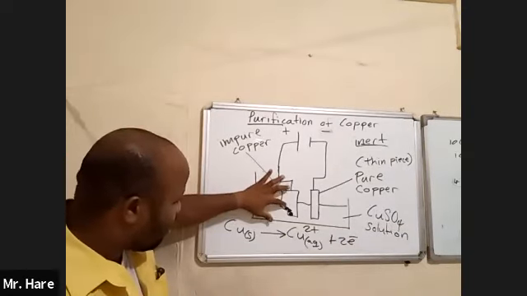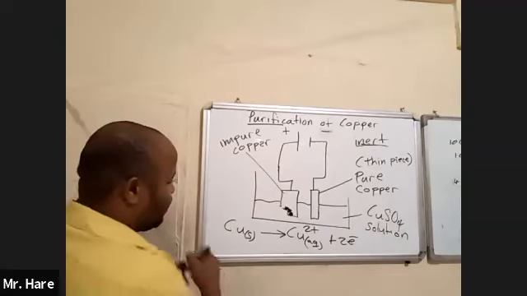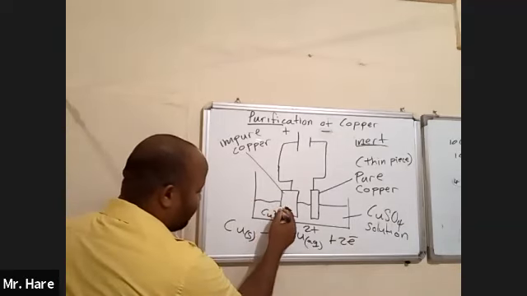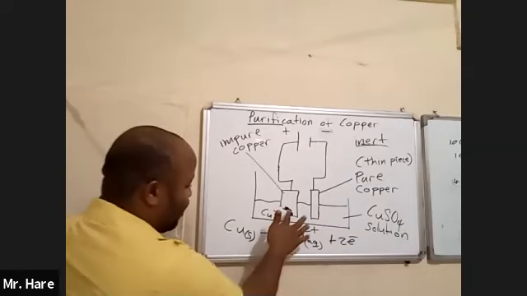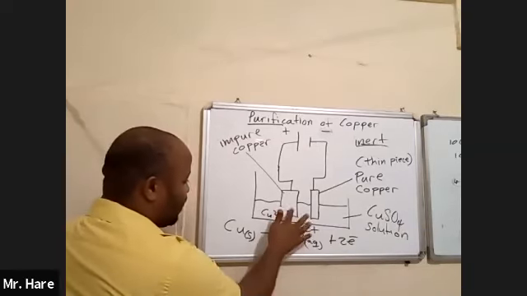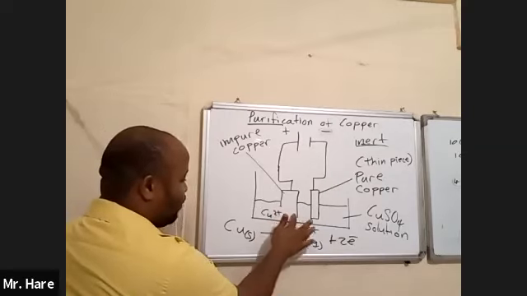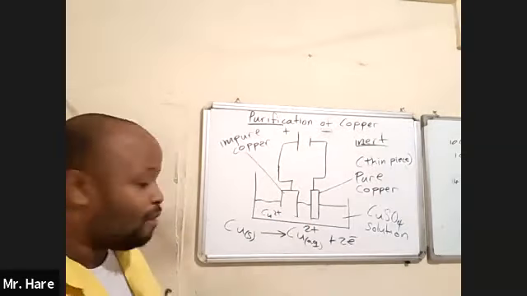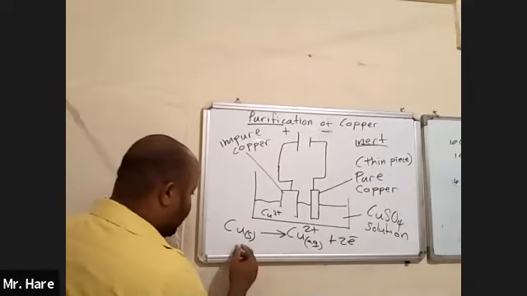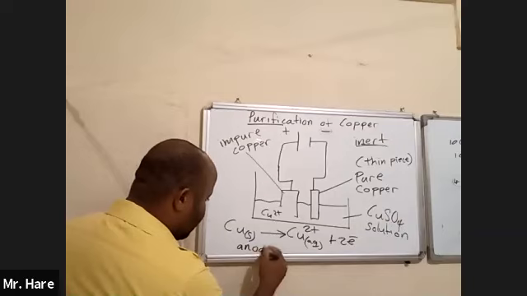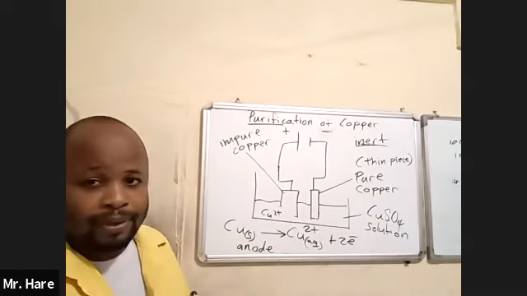So the atoms are converted to ions. The ions fall off into the solution. And that is why the metal starts to break down. So this is what is taking place at the anode in the purification of copper.